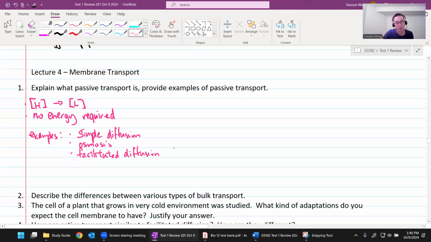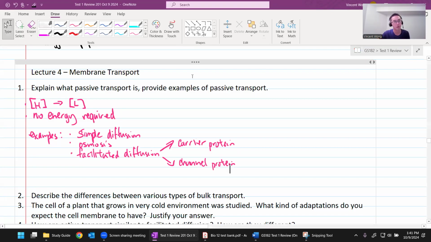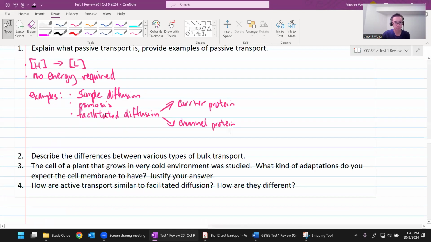Under facilitated diffusion, there are the carrier protein and the channel protein. If you're not sure what these things are, watch the recordings for lecture 4. I think it's part 2 of it.